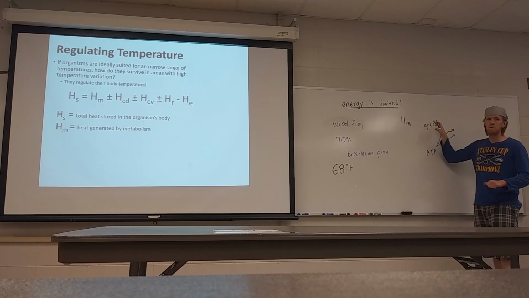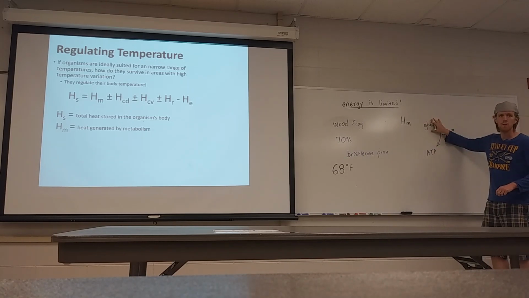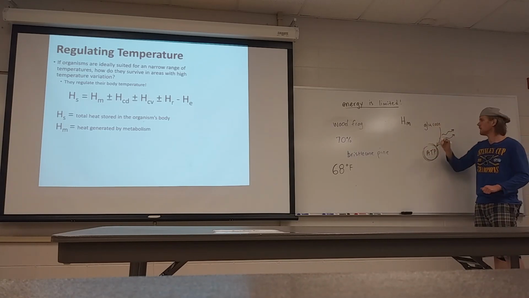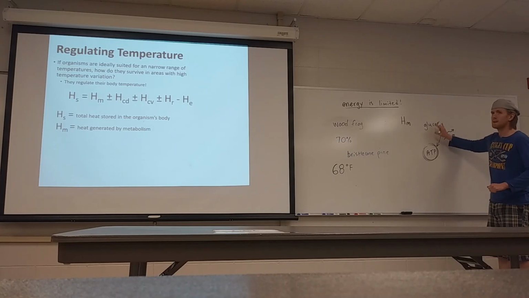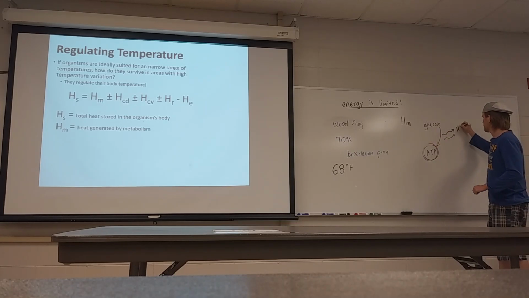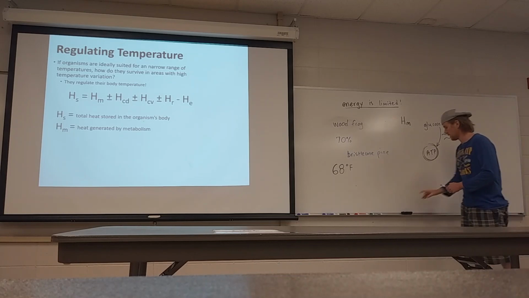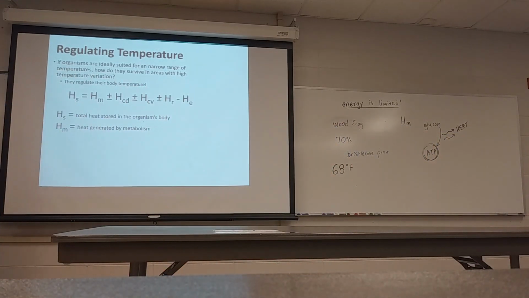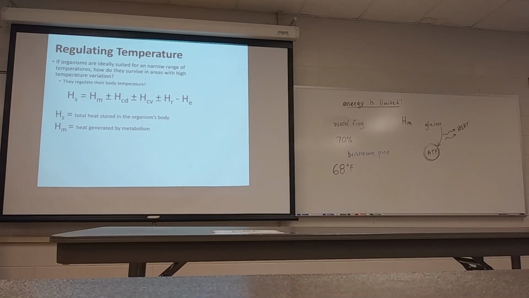So, you eat food, there's energy in the food, but your body can't actually use the food directly. It has to convert it into usable energy, which we'll talk about later. But in the process of breaking down the food, there's a lot of heat that gets released as a byproduct. So you and other mammals generate a lot of heat through the breakdown of your food.